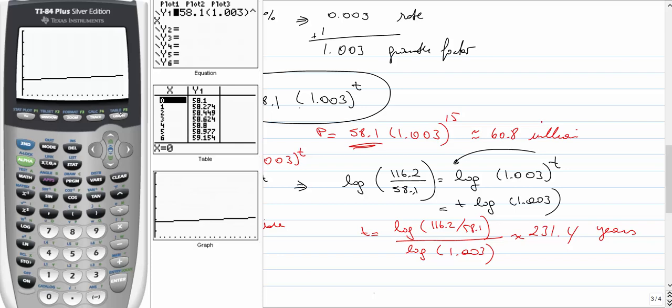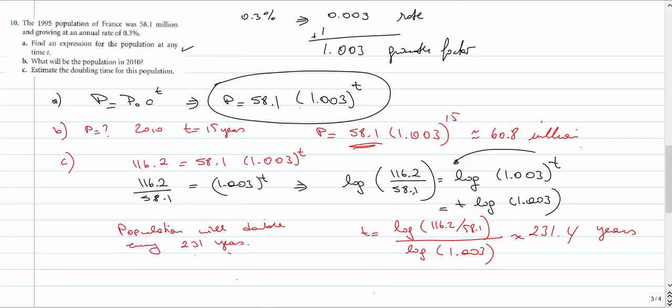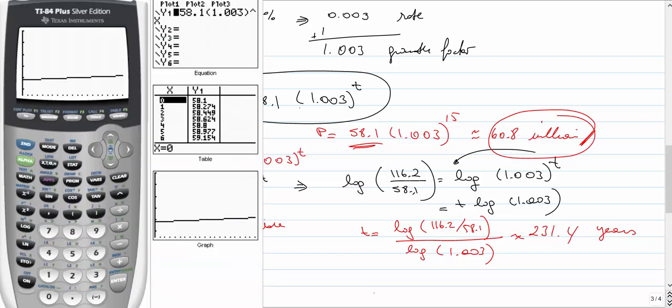When I graphed it, this is what I obtained. If you want to find this specific value, you can say second calc value 1. So my time is 15, and enter: 60.77, which is 60.8 here.